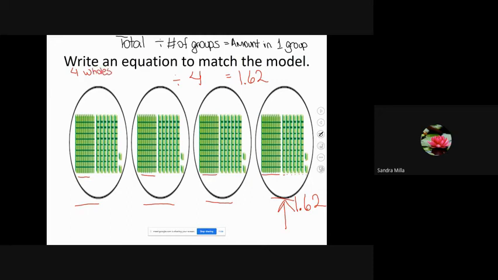And we have 6 tenths in each group: 6, 7, 8, 9, 10, 11, 12, and we keep going. That means that I have 18 tenths. And I have 1, 2, 3, 4, 5, 6, 7, 8 hundredths.